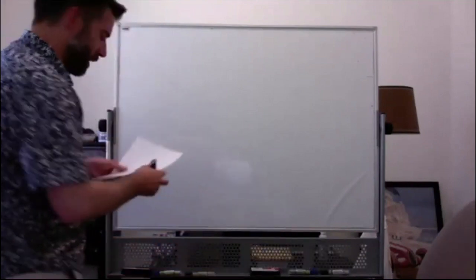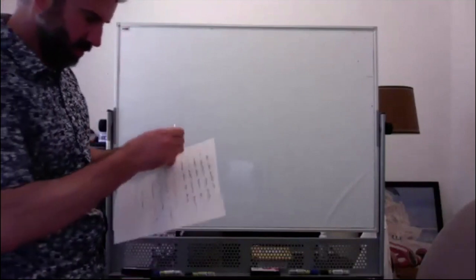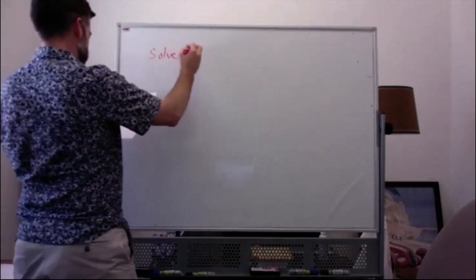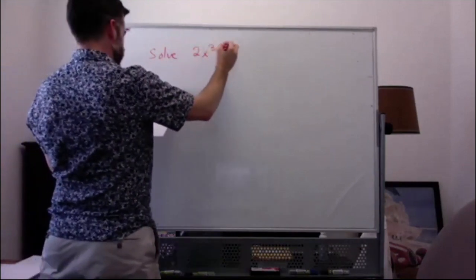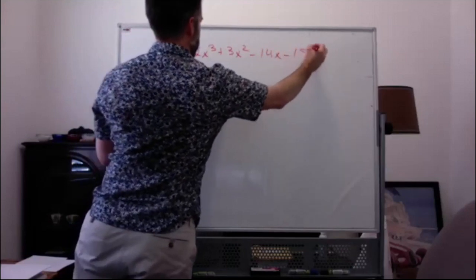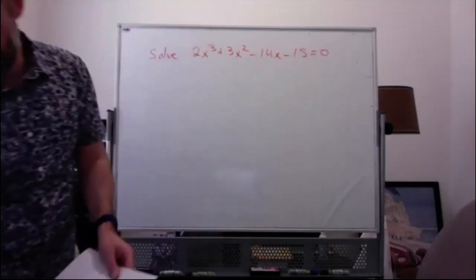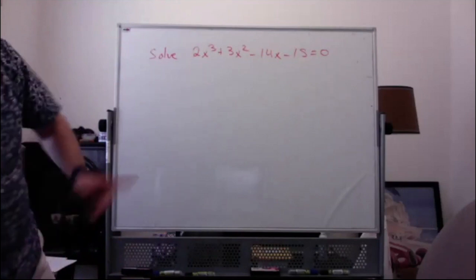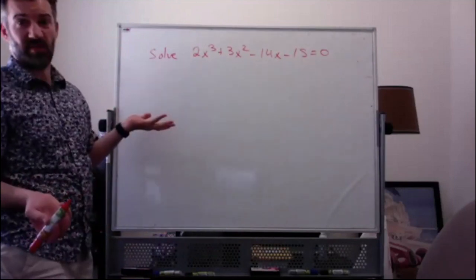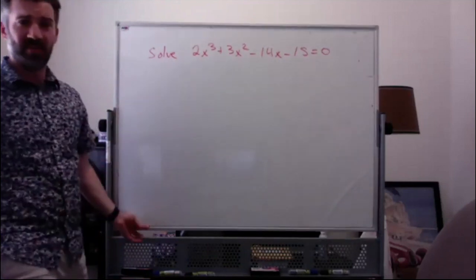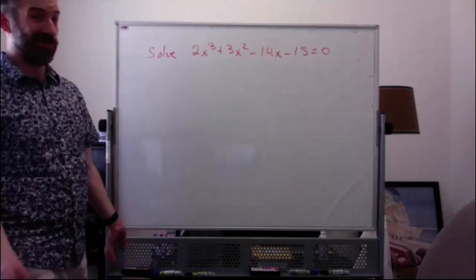Say I want to solve something like 2x cubed plus 3x squared minus 14x minus 15 equal to 0. Let's say I was asked to solve this. Well, this one I can't factor, at least not with the techniques we have. I could try factoring by grouping, but it's not going to work.